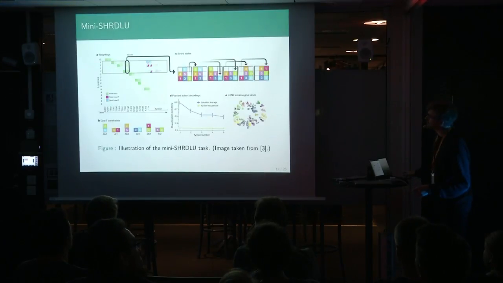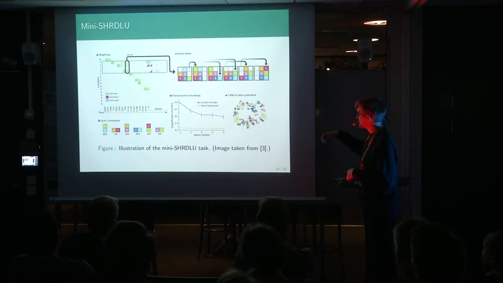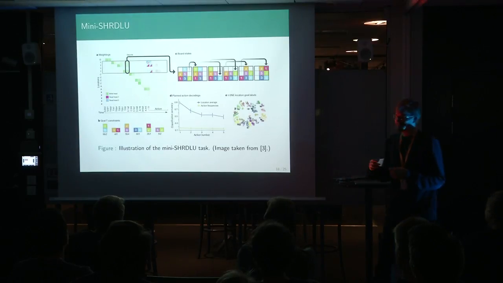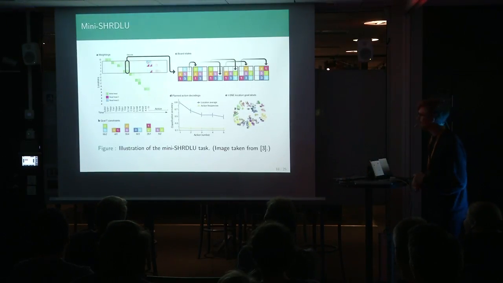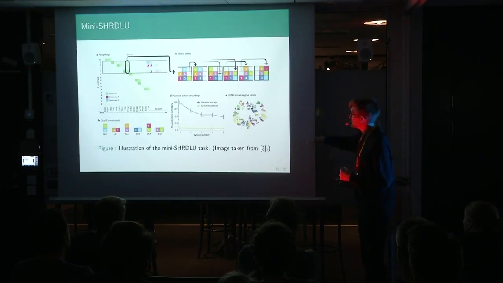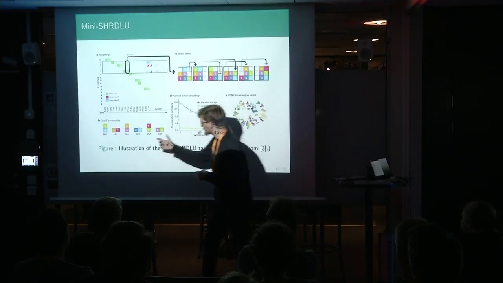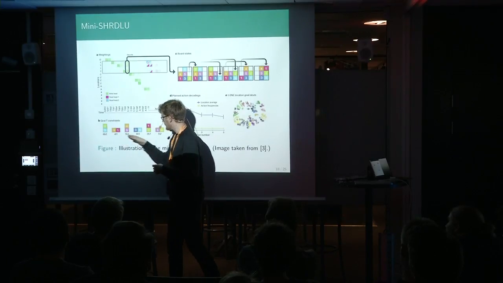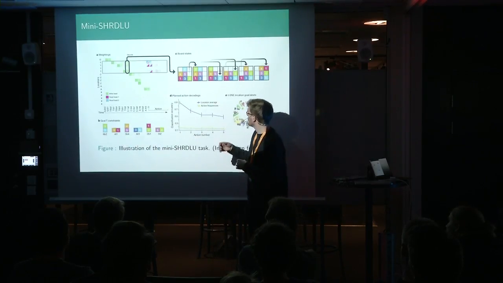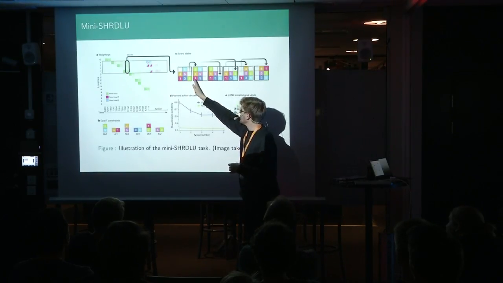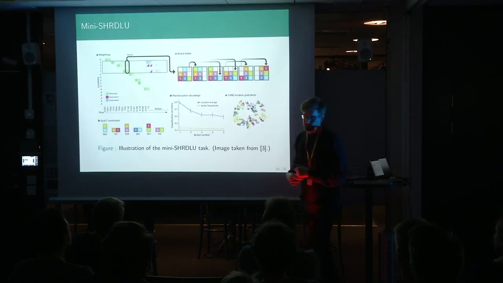Yeah, I think I'll just jump. So another problem is this puzzle called Mini SHRDLU. SHRDLU is a kind of language to test reasoning, and this is a mini version of this, where you are given goals like this that say that 6 should be below 2, stuff like this, and then you feed that to the network, and you represent this state somehow, and it should move until all the goals are satisfied.